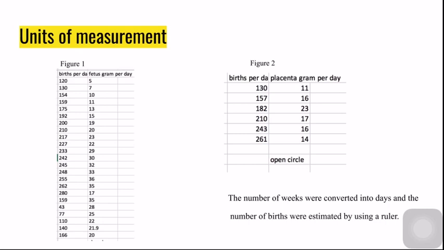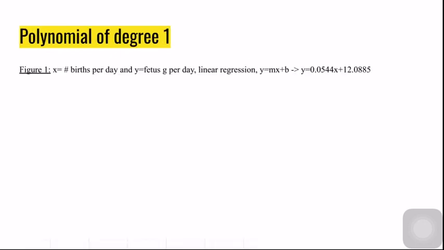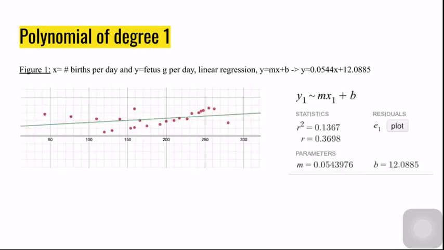In Figure 1, the slope-intercept formula is represented as y equals 0.0544x plus 12.085. The r-squared value is 0.1367, and x equals the number of births per day, and y equals the fetus in grams per day.